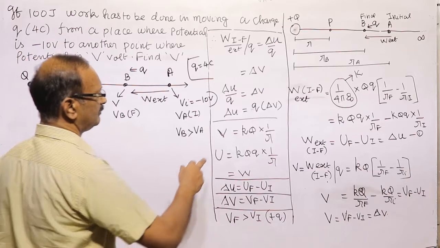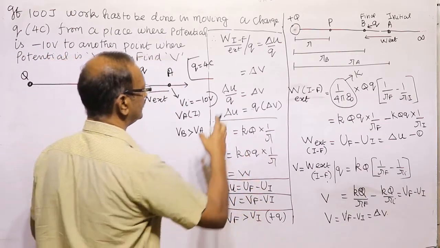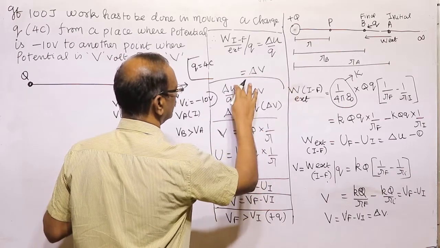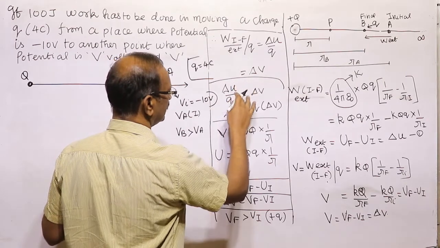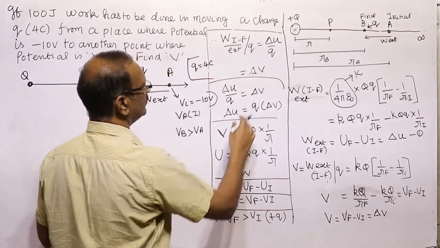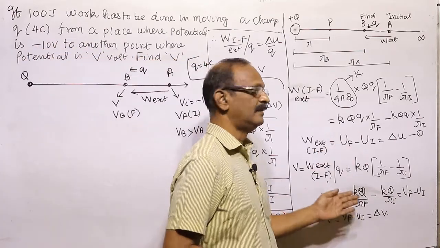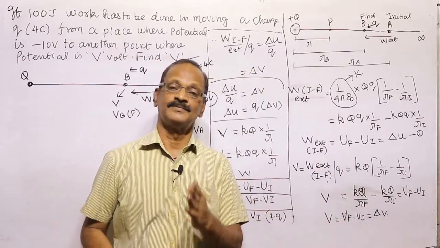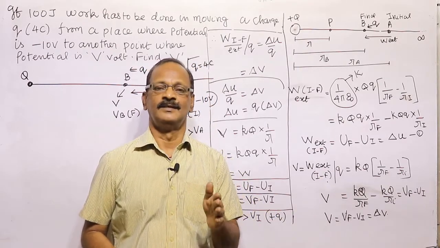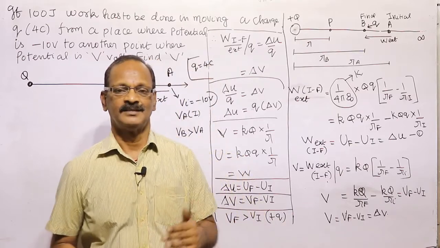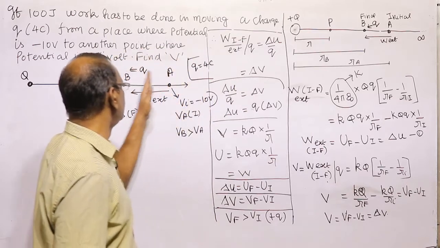So the potential is given by 1 by 4 pi epsilon naught Q into 1 by R. So we have derived this relation: work done divided by charge is equal to change in potential. For work done it is final to initial, and for potential energy and potential it is also final to initial, but work done is in bringing the charge from initial to final.